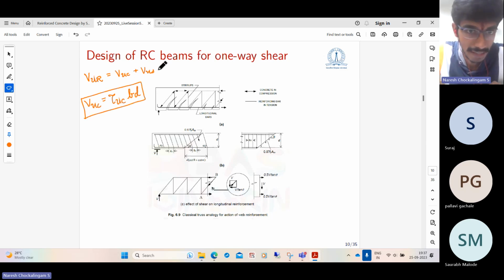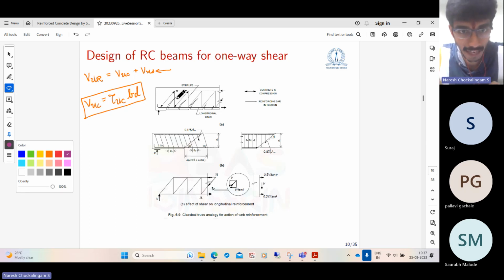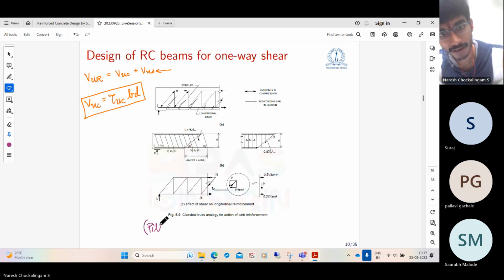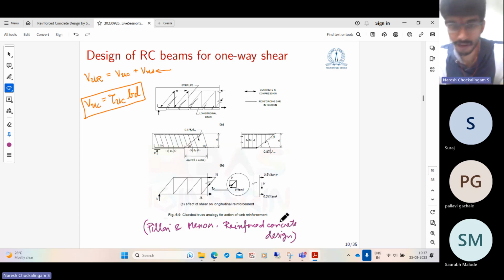And to compute the resistance to shear force coming from the steel, they do some simple analysis like this. So this is from Pillai and Menon, Reinforced Concrete Design. So it's a very good book. It's very helpful.